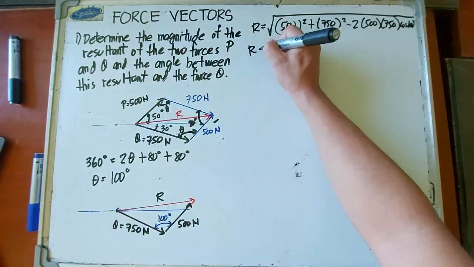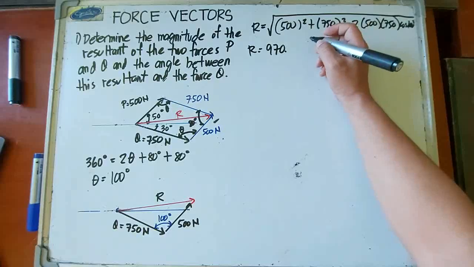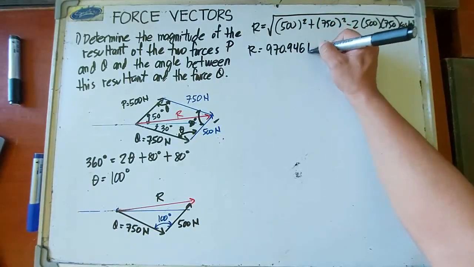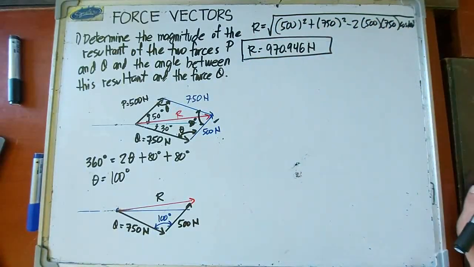So the resultant is 970.946 Newton. So that's the resultant of the two forces.